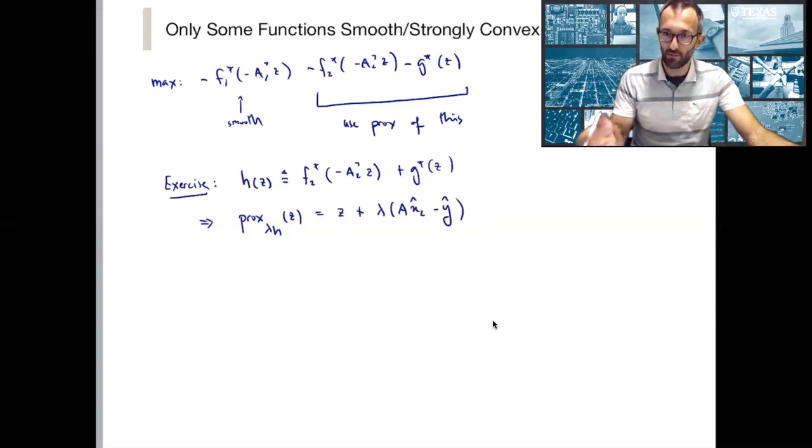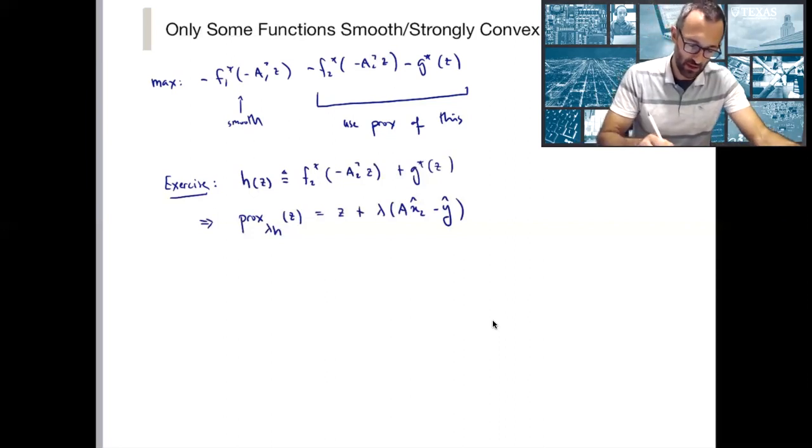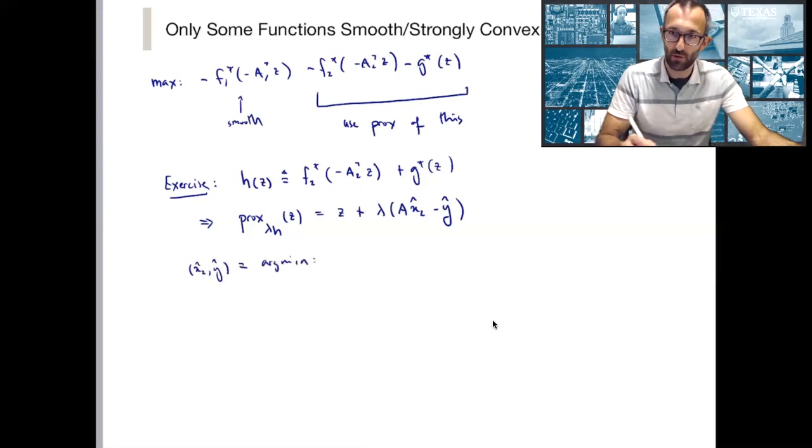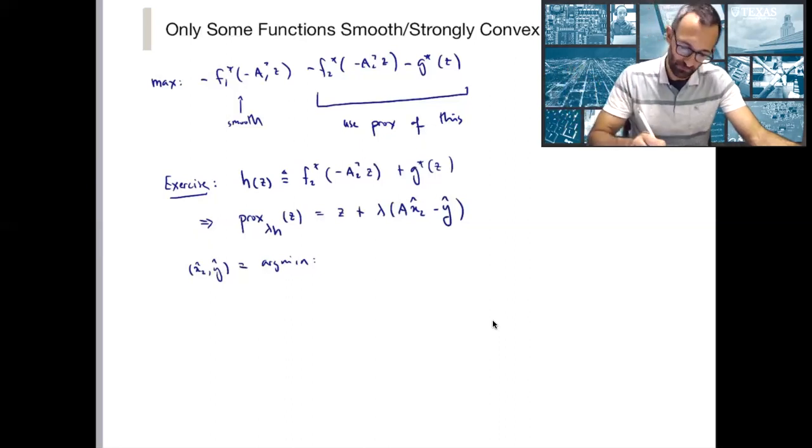Note that in order to get this, I'll let you do this exercise. We've done it explicitly in previous lectures in this series, where x2 hat and y hat is a solution to the augmented Lagrangian problem over F2 and G coupled by the norm term.